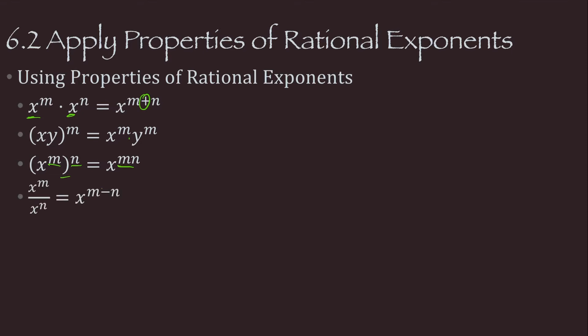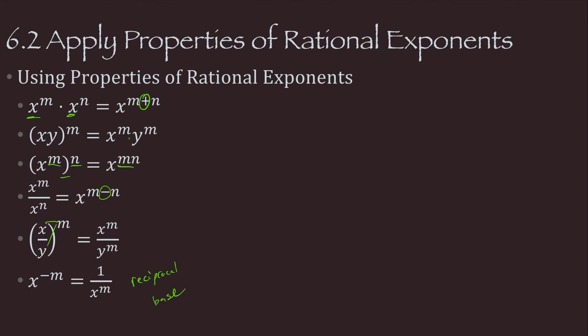So if you're dividing with the same base, subtract the exponents. If you're dividing the same exponent, you can distribute. And the negative exponent means reciprocal the base. Negative exponent means reciprocal the base.